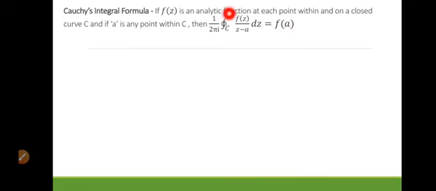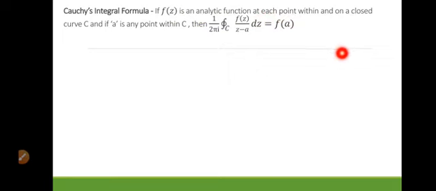So this integration is nothing but the functional value at z equal to A, if A is a point within the closed curve C on which the function f(z) is analytic. So this is Cauchy's integral formula.